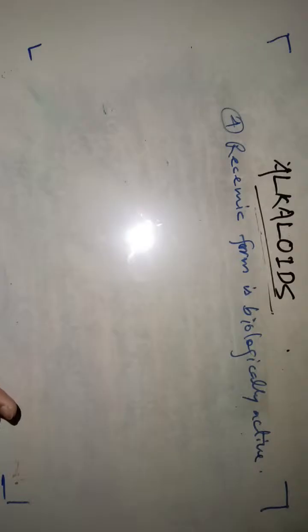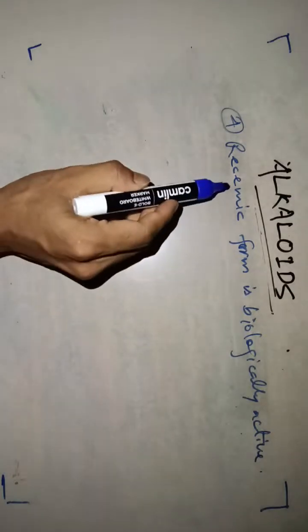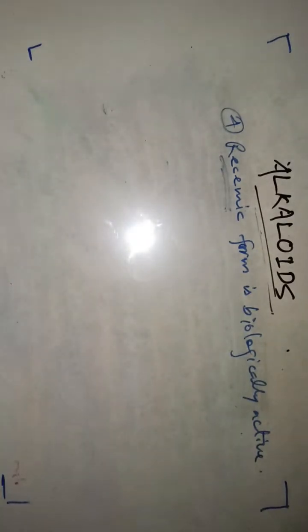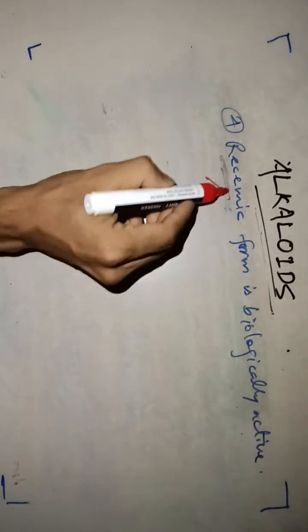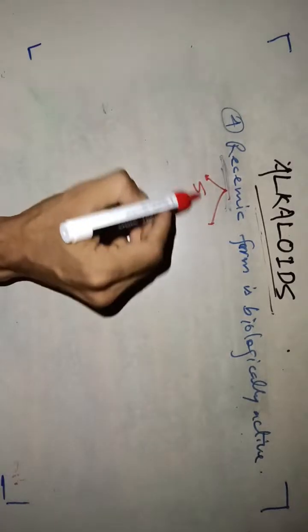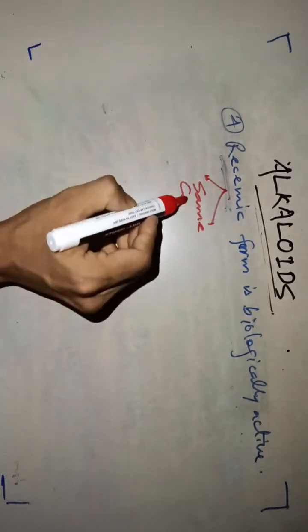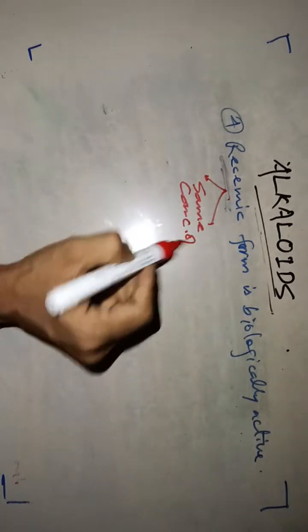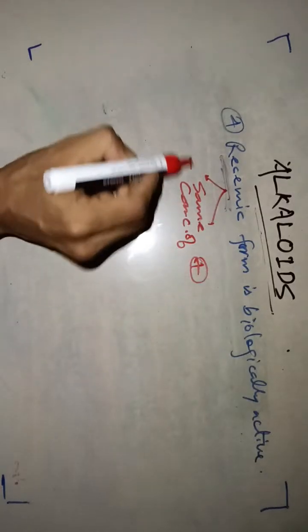For example, first of all, what is racemic mixture or racemic form? Racemic mixture is the equimolar concentration of both the levo and dextro rotatory forms. It has the same concentration of both levorotatory and dextrorotatory.